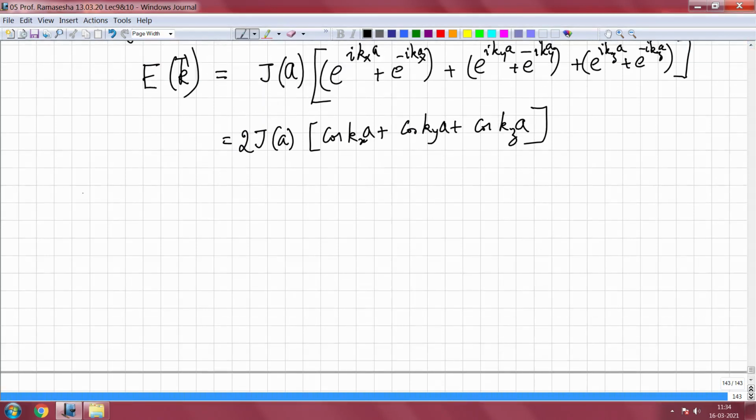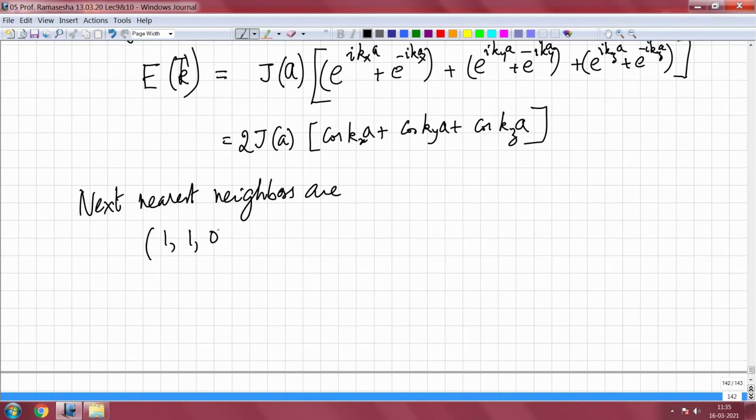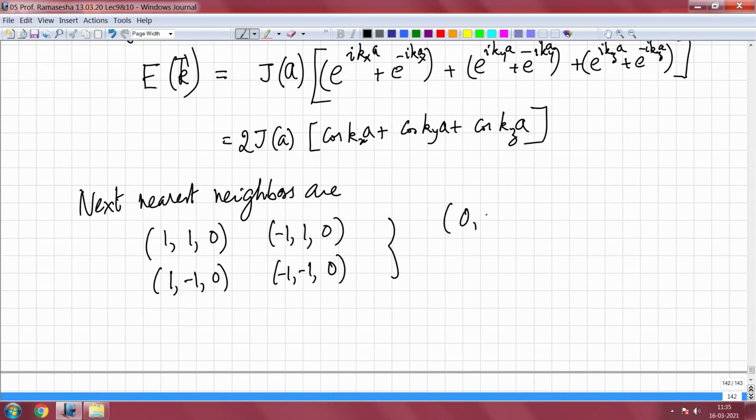The next nearest neighbors are 1, 1, 0, and then I have minus 1, 1, 0, and I have 1, minus 1, 0, minus 1, minus 1, 0, and like this I have 3 more sets corresponding to 0 1 1 and 1 0 1.